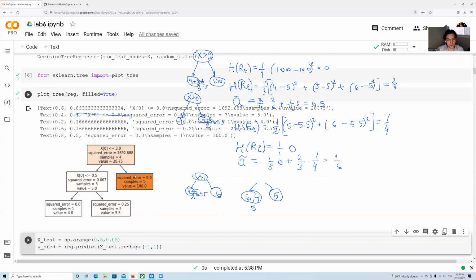One is the terminal node or leaf with value of 100 and with 1 sample, and impurity or squared error 0. And the next node is split along 0.5, which is the mean between 0 and 1. And we have one value 4, and here we have 5 and 6.